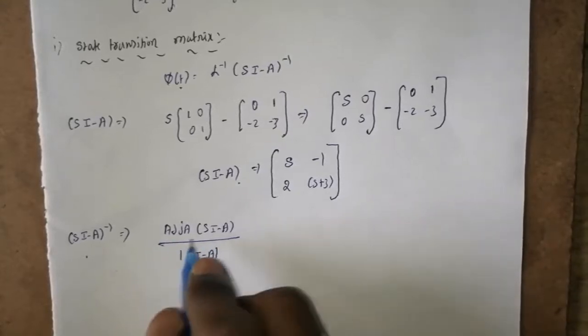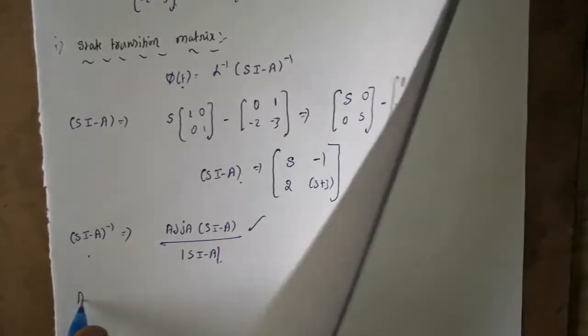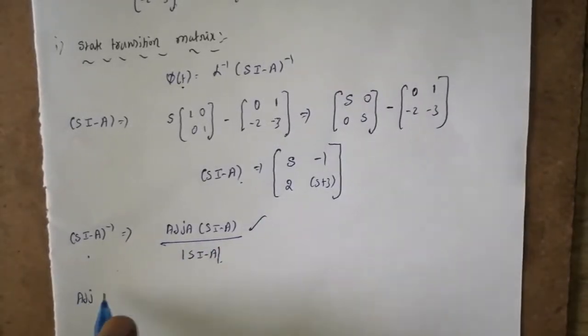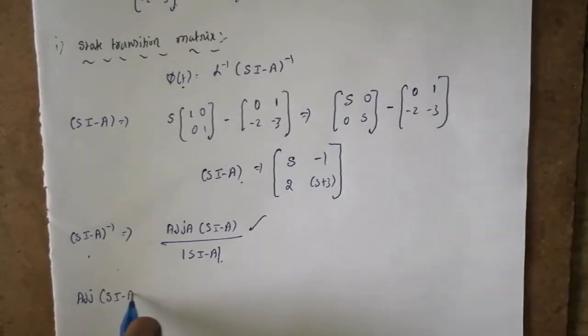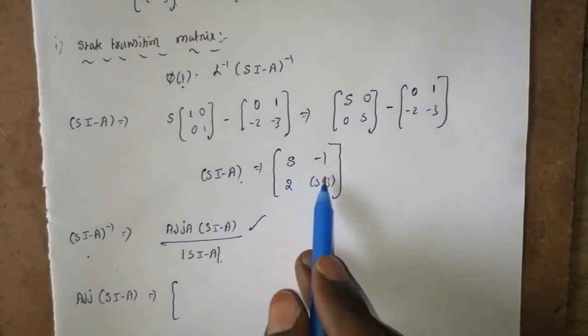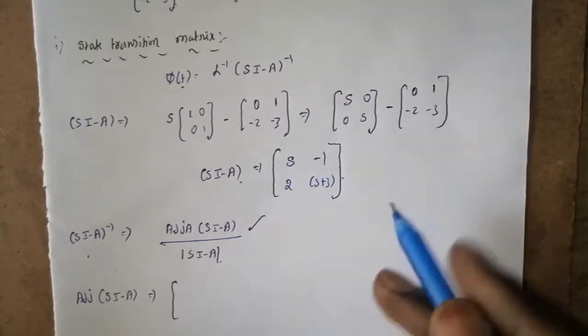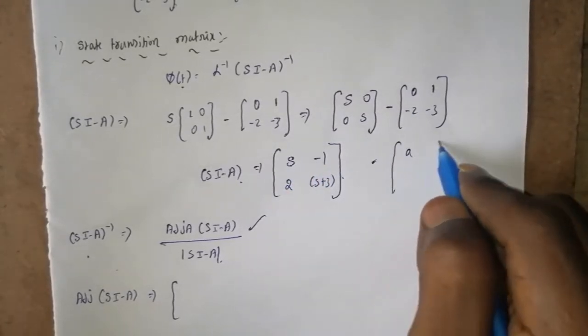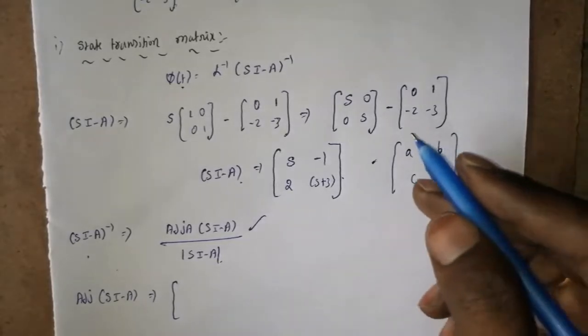Let me solve the numerator first, the adjoint of sI minus A. For a 2 by 2 matrix, assume it is [a, b; c, d].